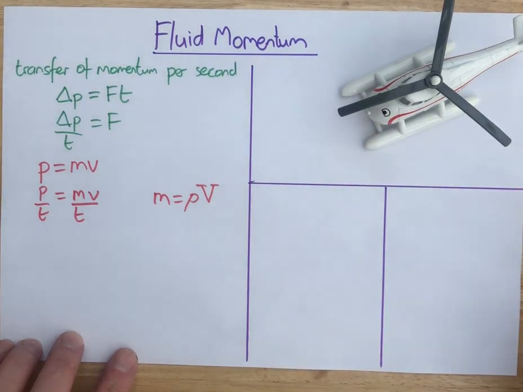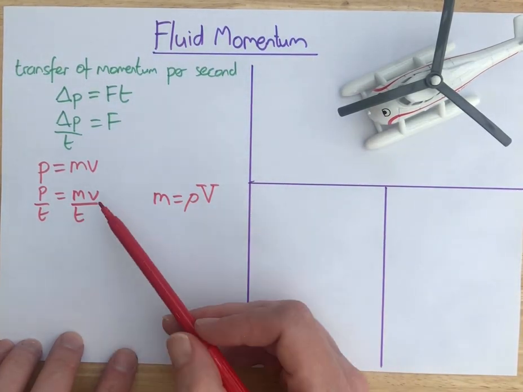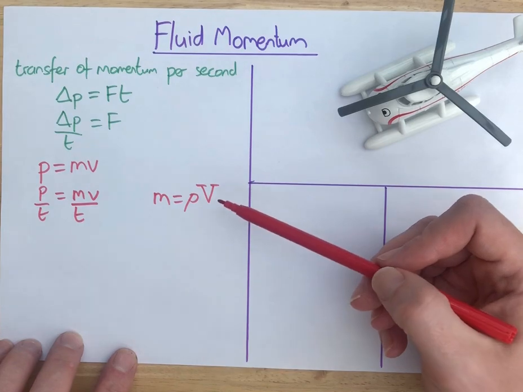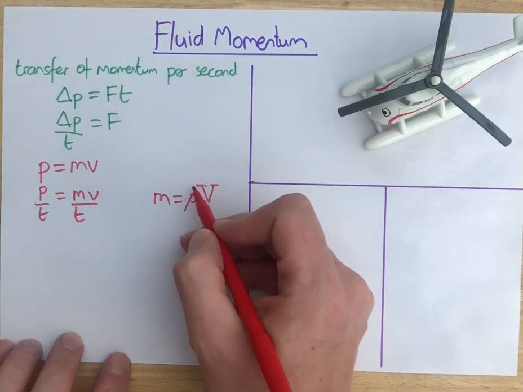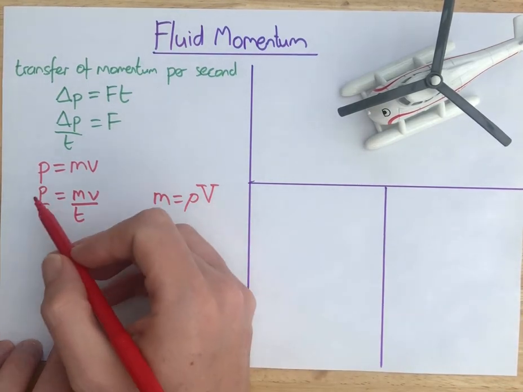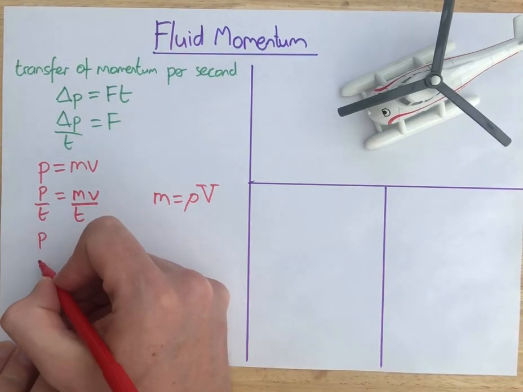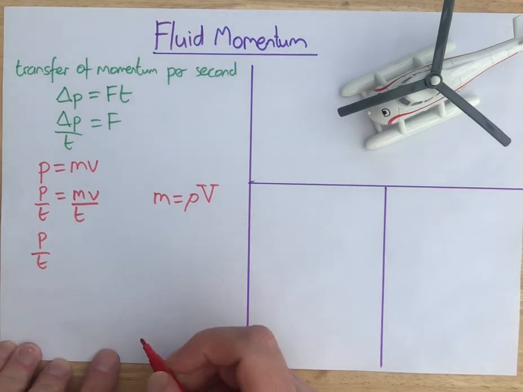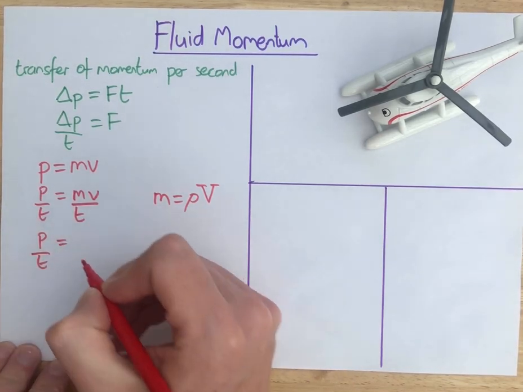Just a quick note on my notation, simply because there's a lowercase v for velocity and a capital V for volume, I've put the bars across the top, just so that you can be really clear about which one's which, because they're going to appear in the same equation in a second. Because we can substitute that into here. So we've got our change in momentum per second, or transfer of momentum per second.